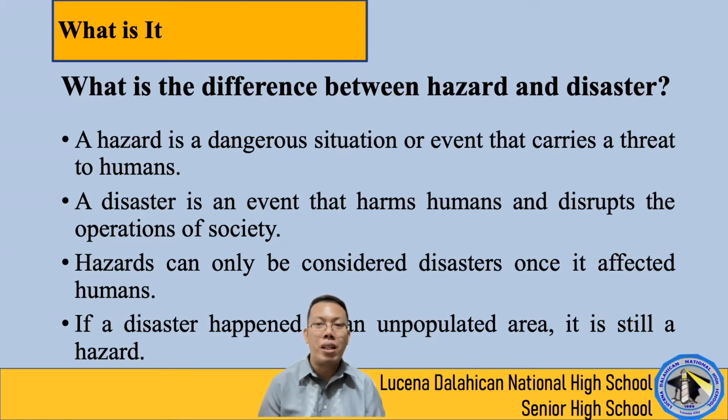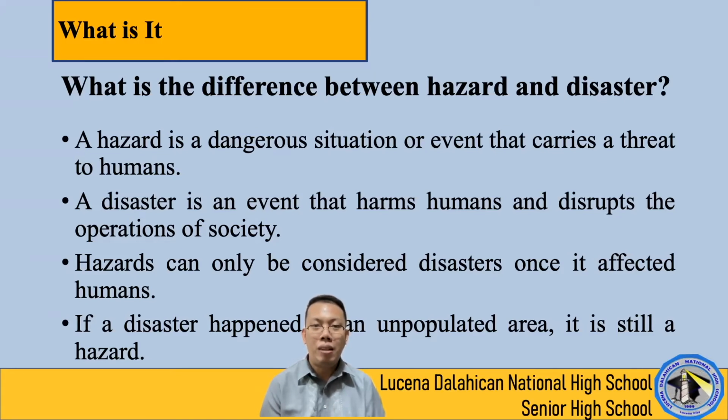You have to remember, there's a strong typhoon, but it only landed on an isolated island where no human being is currently living. In that case, even if the whole island is destroyed and all the trees are damaged, but there are no affected humans, then it is not considered a disaster. It is just a hazard.